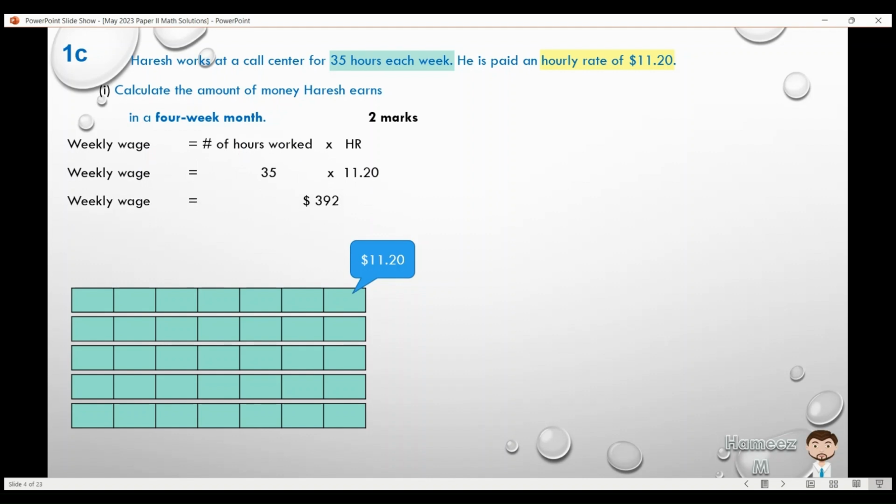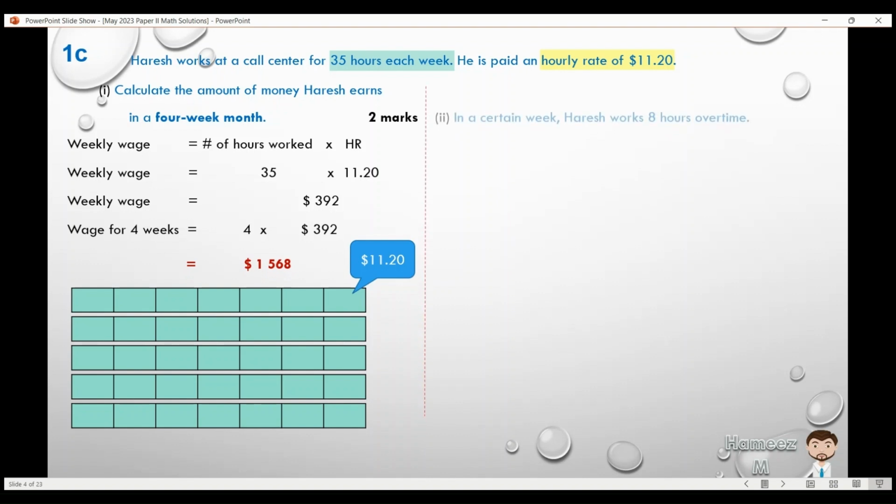That's his weekly wage. And if you go back to the question, we want to find out how much money he earns in a 4-week month. So in 1 week he earned $392. As such, his wage for 4 weeks will be 4 times $392, which by calculator is $1,568. So that gives us our answer for part 1.